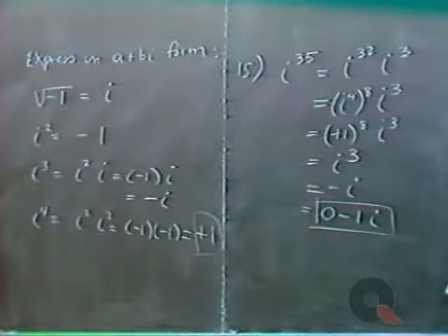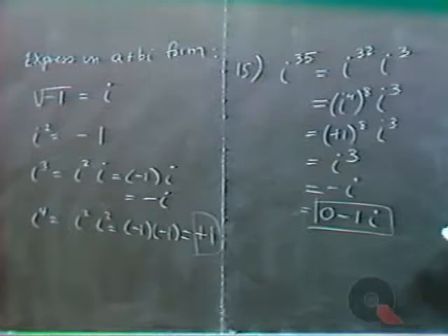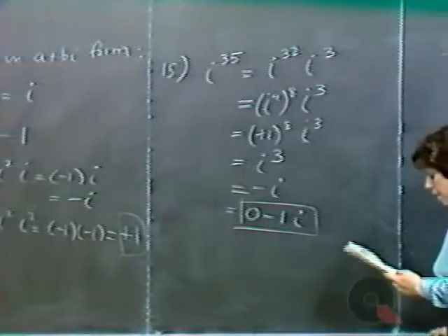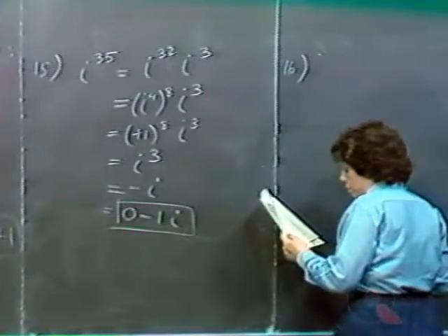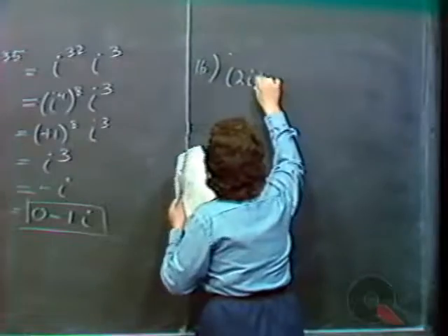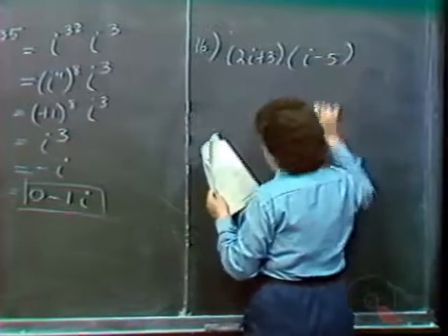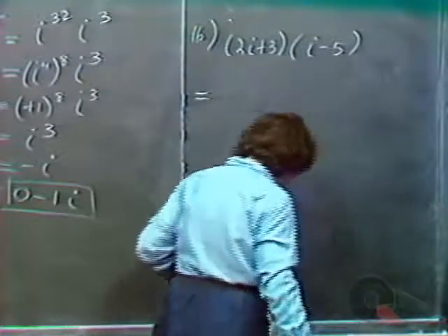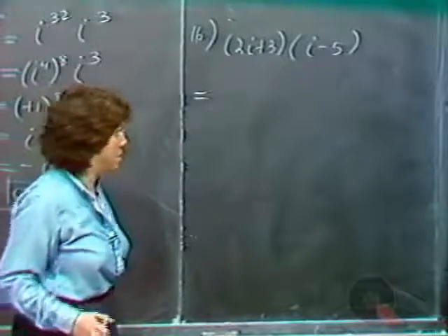And for the last problem, let's try the following. Once again, express in a plus bi form the following: 2i plus 3 times i minus 5. We can multiply these the way we multiply binomials, using the FOIL method.